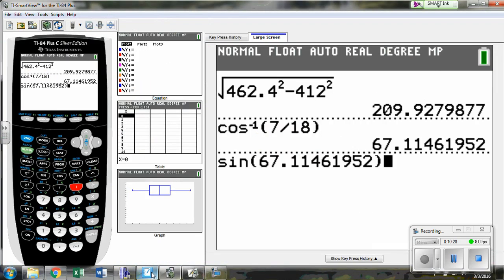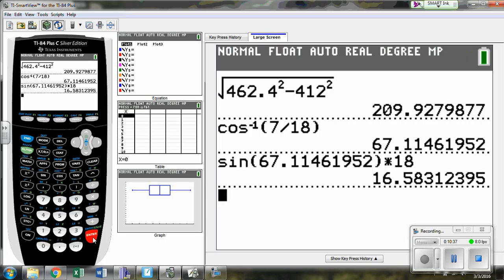So sine of the angle multiplied by 18, and this, by using our calculator and highlighting the answer that we had before, we just get greater accuracy. 16.58. So rounding off, it would be 16.6.